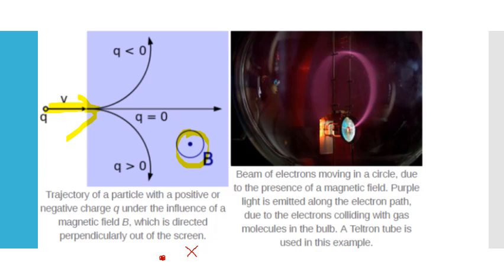So the magnetic field is outside the paper, and if we use the right hand rule and stretch the right hand palm, then the fingers will give you the idea of the direction of particles.